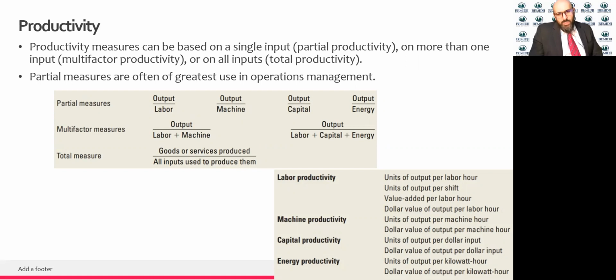For capital, could be the dollar value compared to the dollar input, or unit of output per dollar input. In terms of energy, productivity would be the unit of output per kilowatt hour, or dollar value per kilowatt hour. So it could be these productivity measures that we could use.